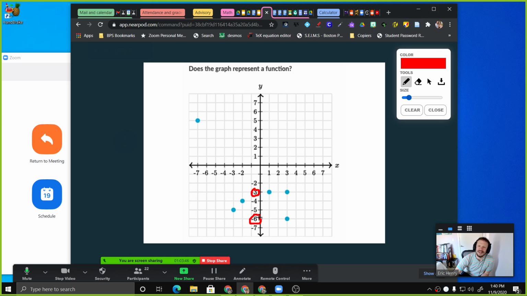What domain value? 3. And can anyone describe that using a graphical test?